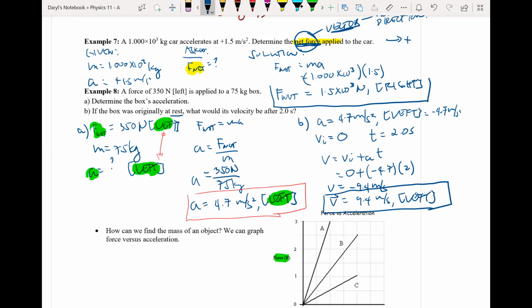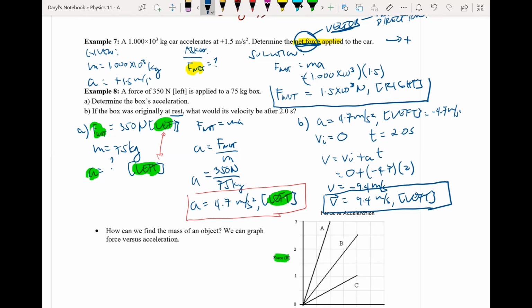So this is the case wherein, again, letter B is a kinematics problem because velocity is a kinematics quantity. But since acceleration is part of Newton's second law, you can use that information.